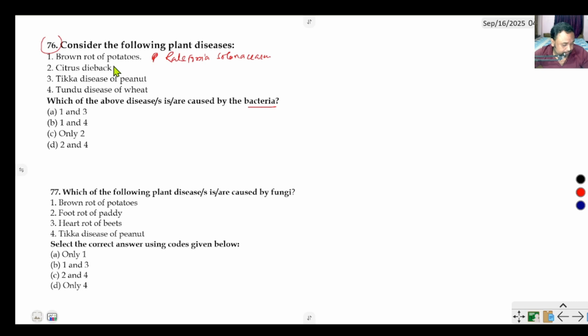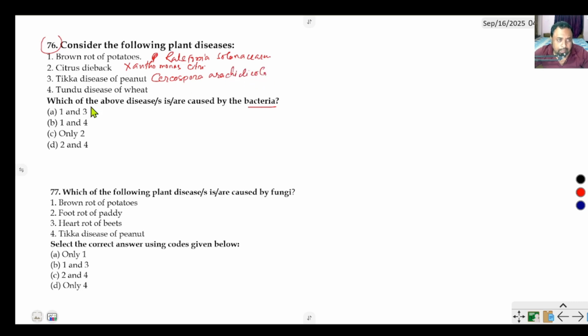Citrus dieback is caused by Xanthomonas citri. Tikka disease of groundnut is caused by Cercospora arachidicola.